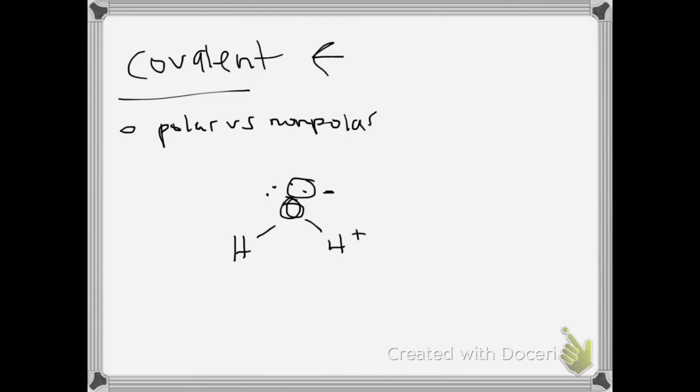It's not complete. We do a little symbol like that to show partial. But the whole point is, since the electrons are hanging out over by the oxygen way more than they are by these hydrogens, this is a polar covalent bond. Versus if you had an oxygen and an oxygen, these guys are going to share their electrons equally, right? And so that would be a nonpolar covalent bond.